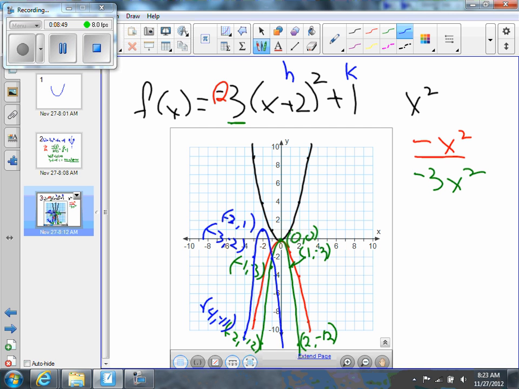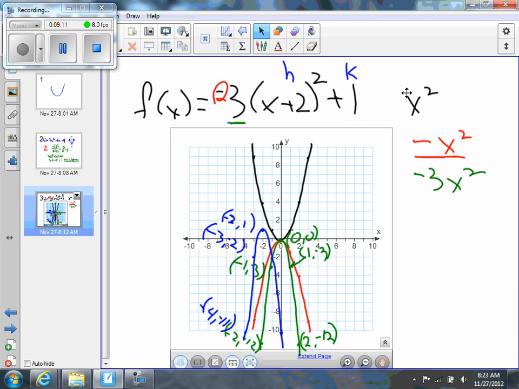Wait, but if it was, so I took my green graph, I went left 2, up 1. I just have for one of my points -3, -3. You have one of your points of -3, -3.